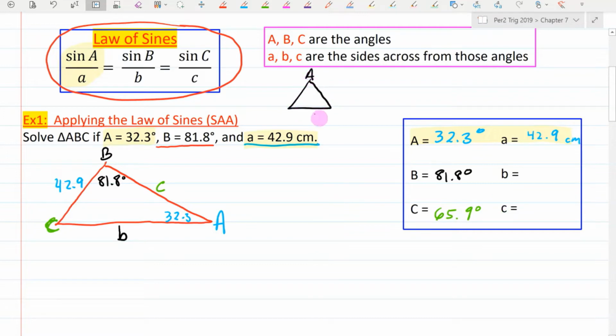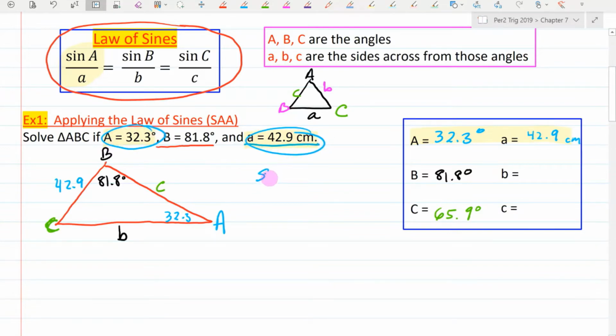And again, I'm going to put this here so you can kind of see it. If this is angle A, that's side a, angle B, side b, and if this is angle C, that's side c. Okay, they're across from each other. All right, so there'll be two formulas that you need to use. Both of those formulas must use this.